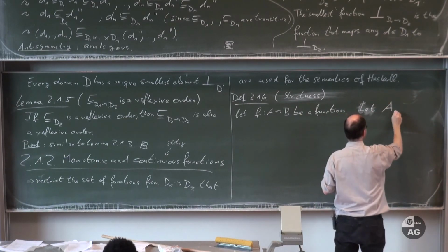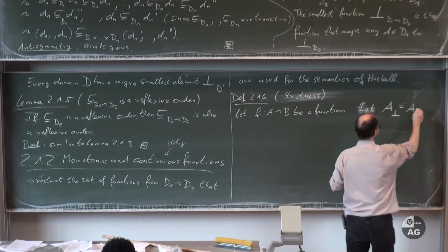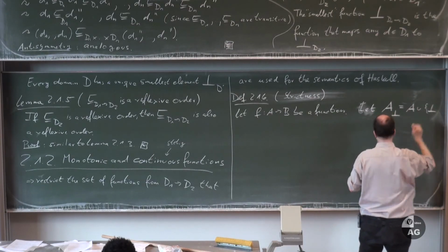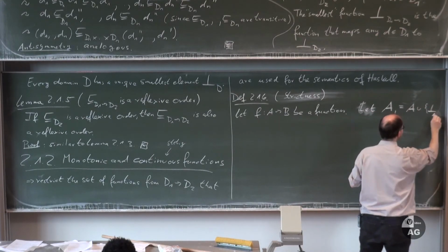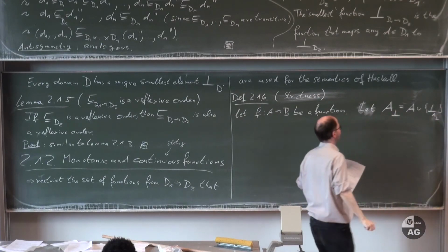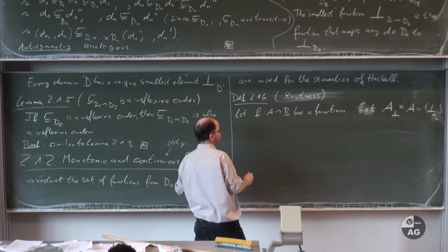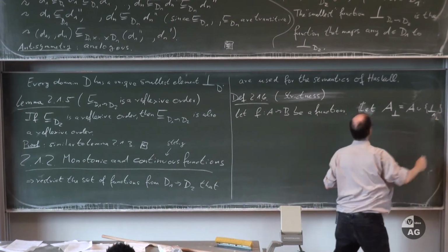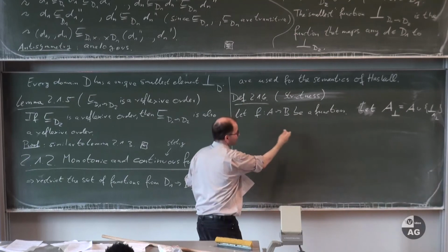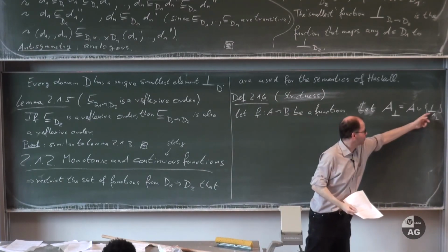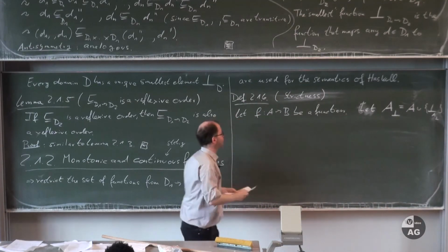Let A bottom be the set A plus a fresh element bottom. And then every function that is like f, but also is extended to work on this bottom element, is called an extension of f.